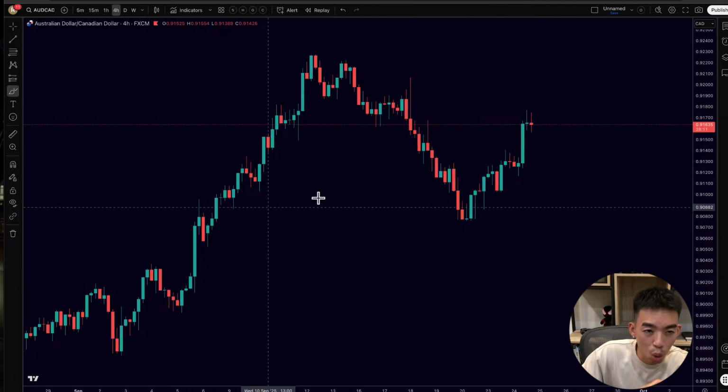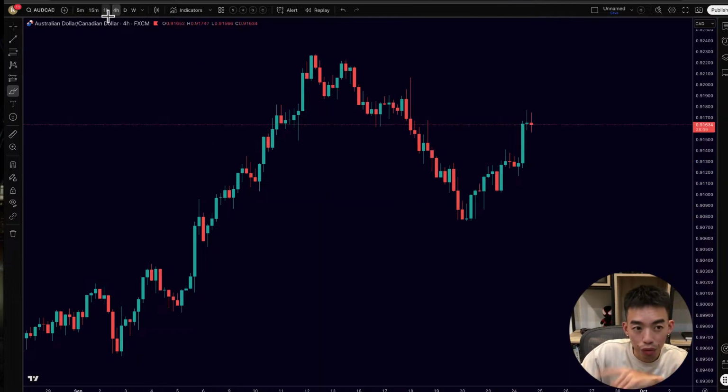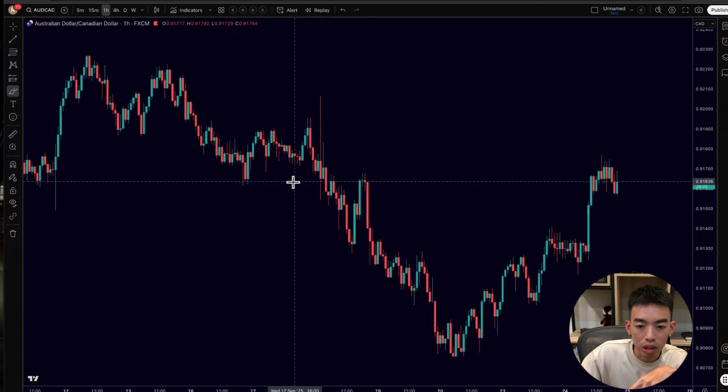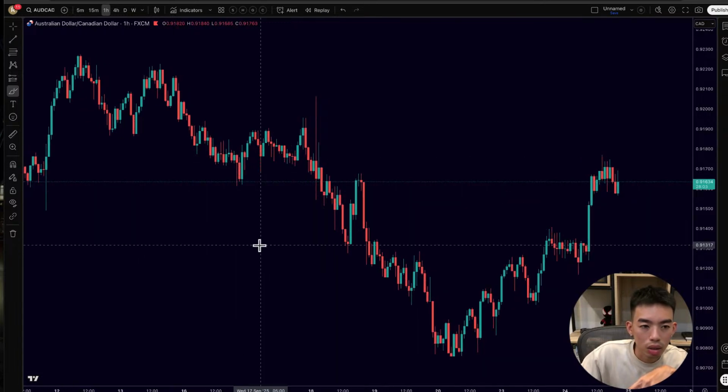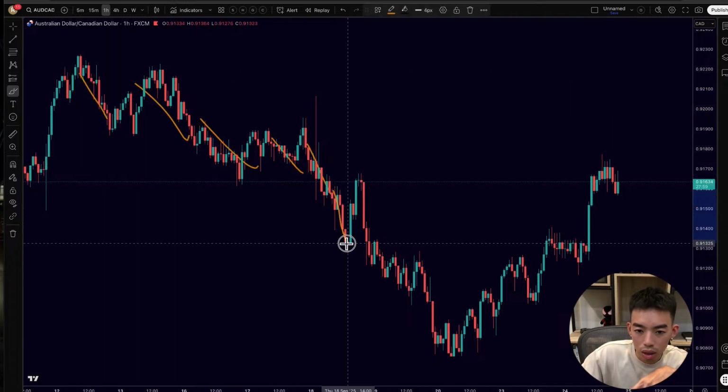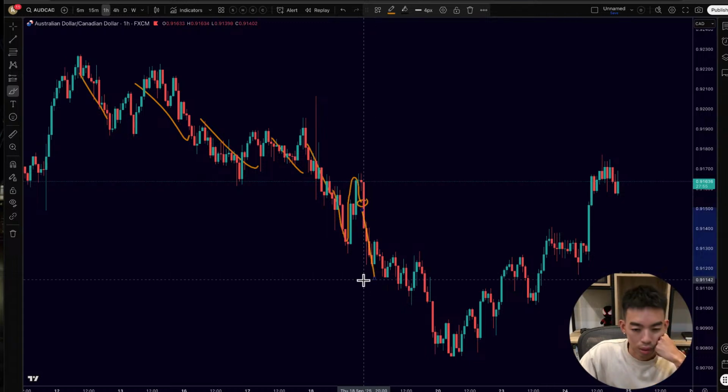If you go any lower than this time frame, you will find situations like this. I'm on a 60-minute time frame now. You will find situations where it looks like a move going down, and here it looks like it's going to turn around. Let's get in on the buy. Boom, stop loss. You don't want to be in that kind of situation.